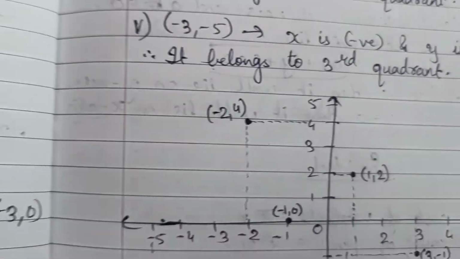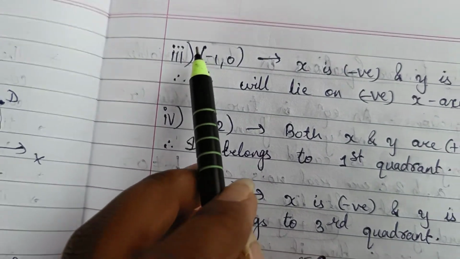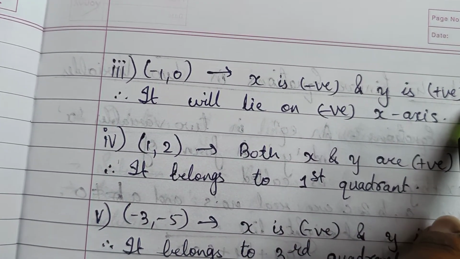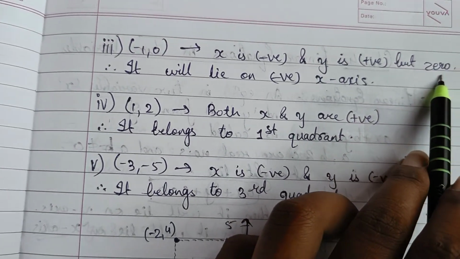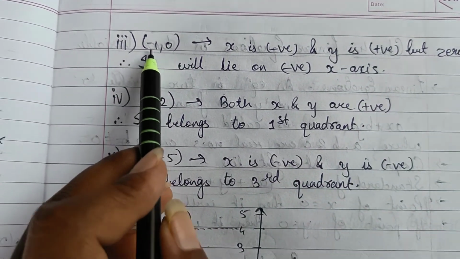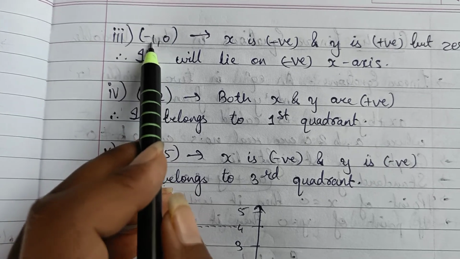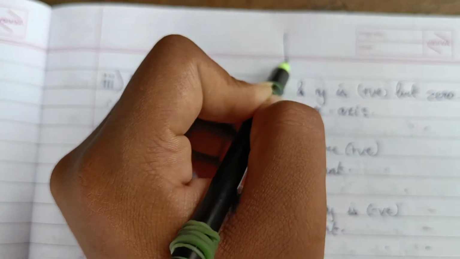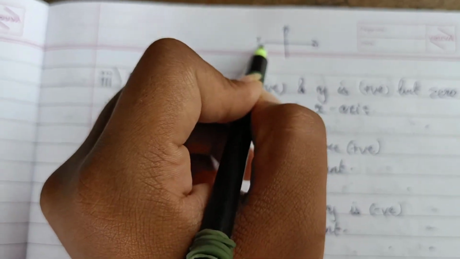Then your next point is -1, 0. So here your x is negative and your y is 0. So you have to go only for this x equals -1. So where it will lie on your graph, if you are drawing this point, suppose this way.